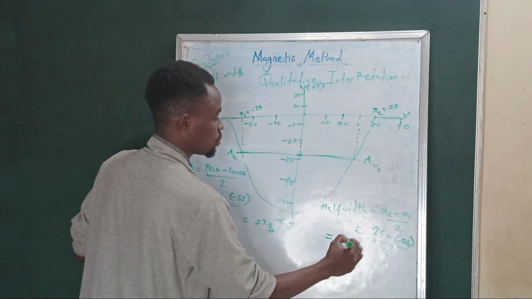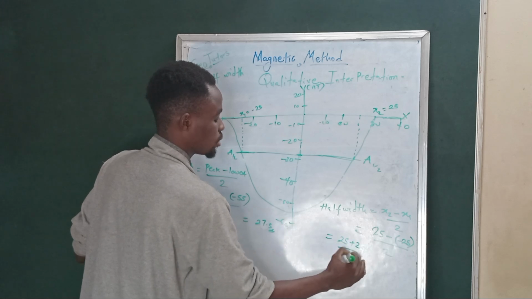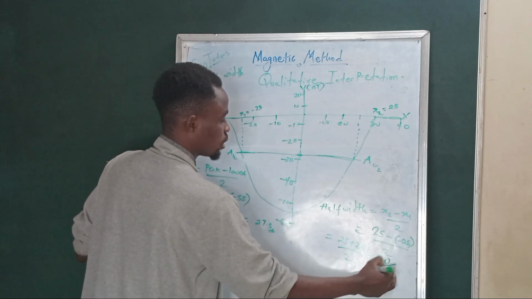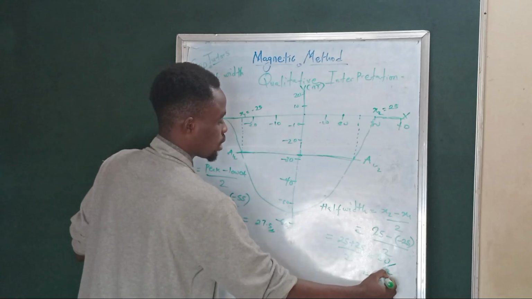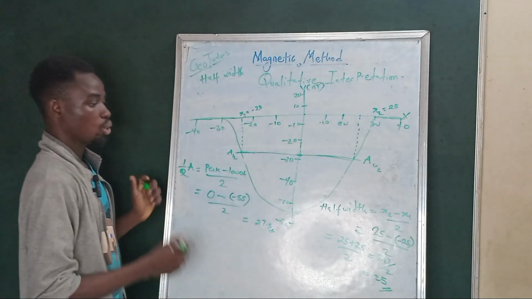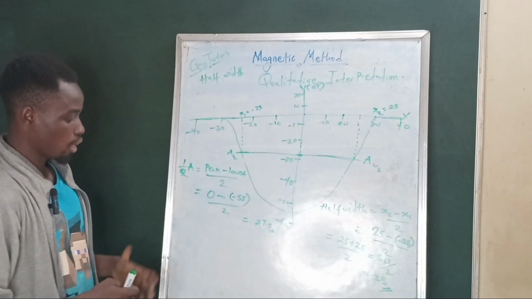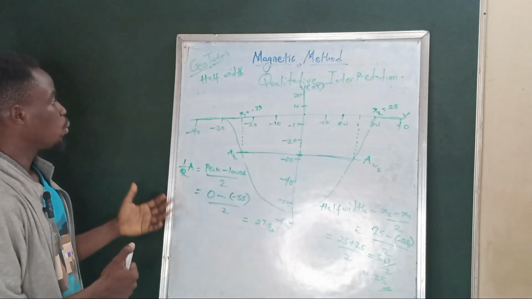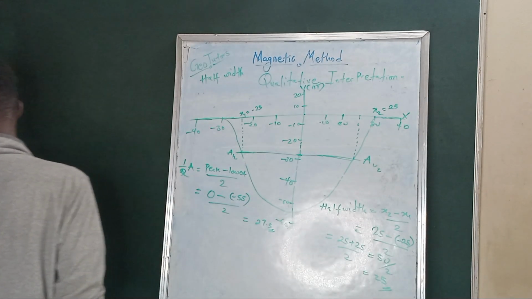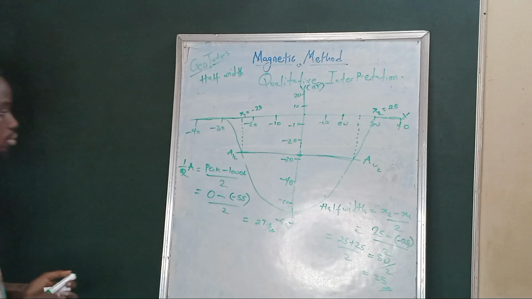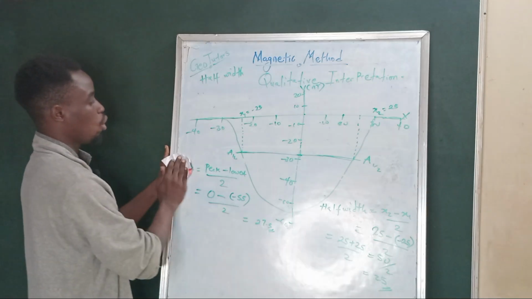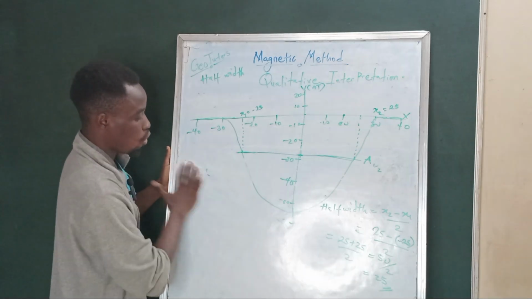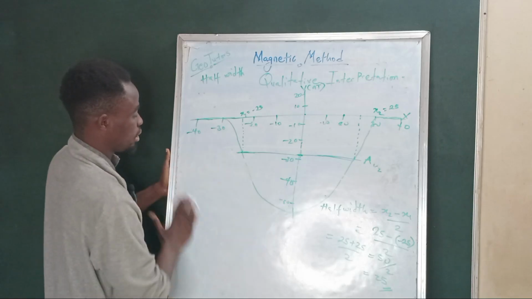So 25 plus 25 over 2 is 50 over 2, and that's 25. So x half is equal to 25. Good, we've gotten our x half of this magnetic anomaly data.